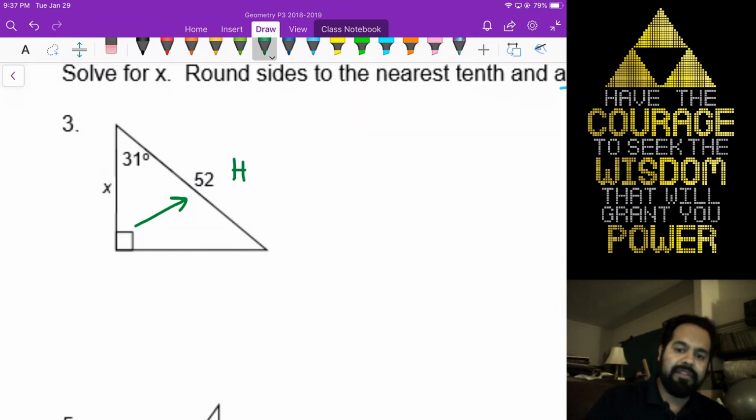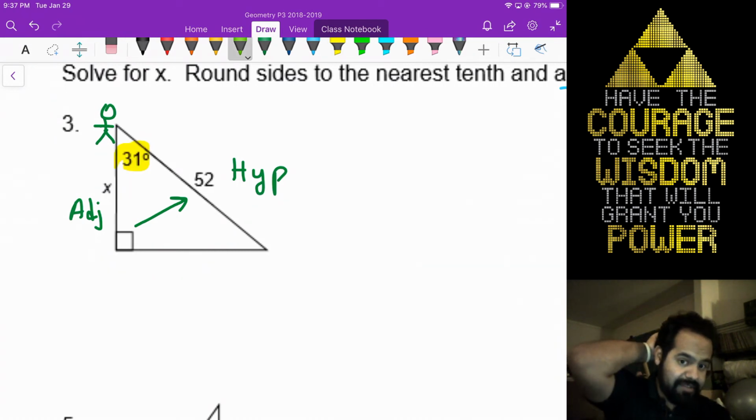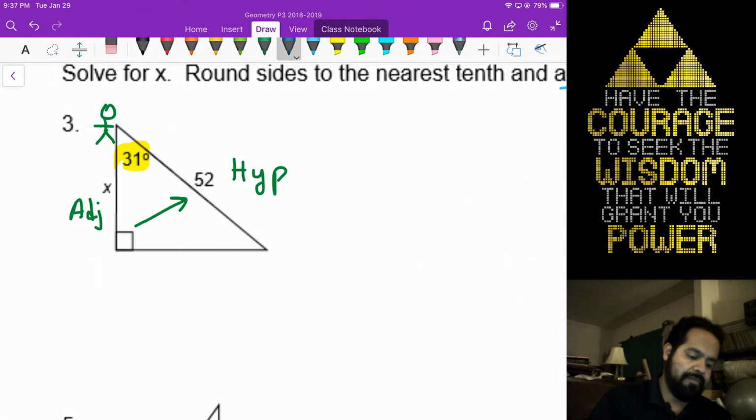Got the hypotenuse. Got the adjacent side. So adjacent and hypotenuse, I believe, is cosine. So we're going to go ahead and say cosine of 31 degrees equals x over 52.